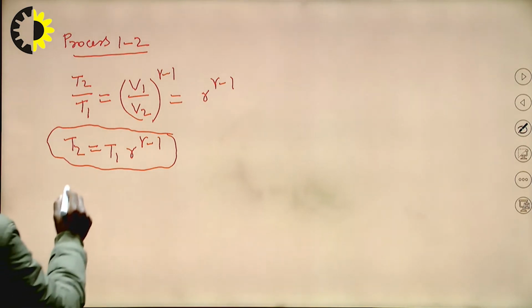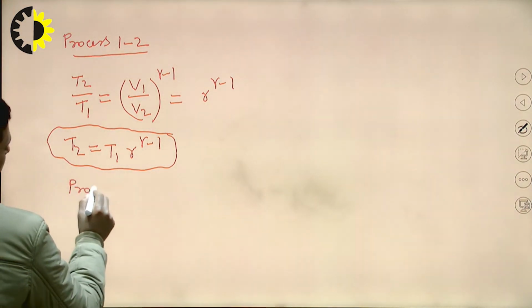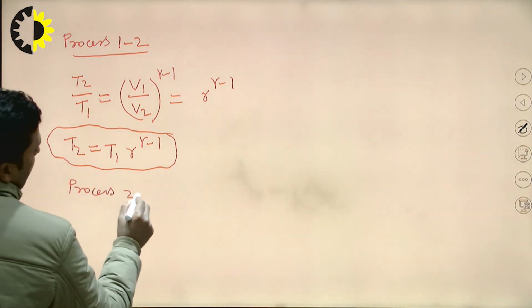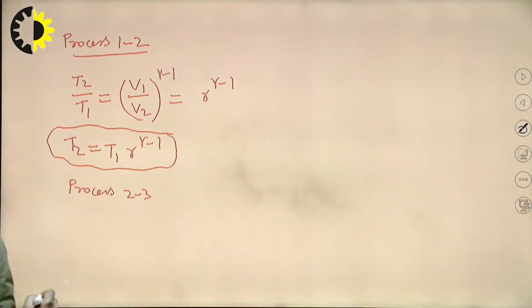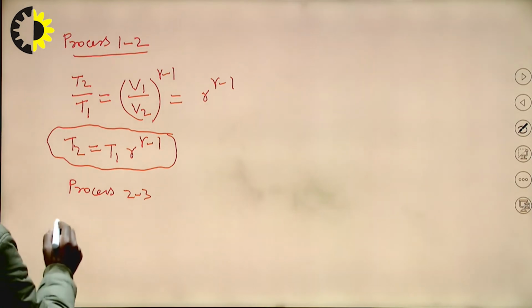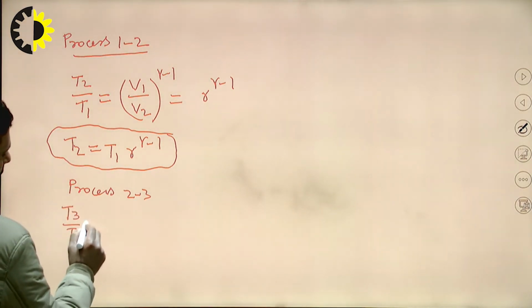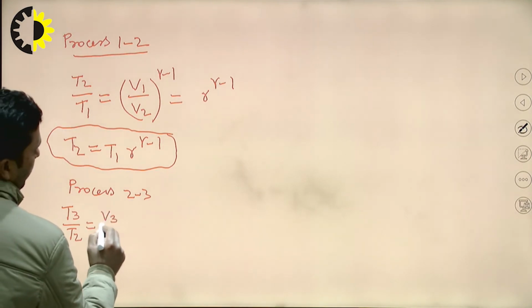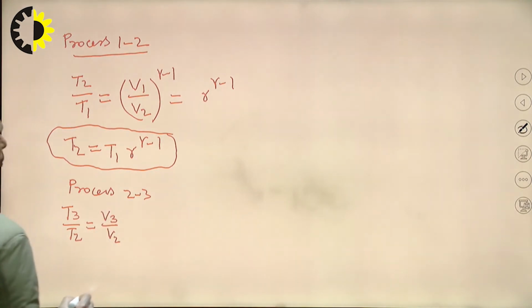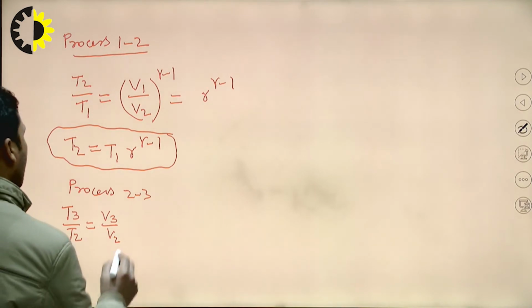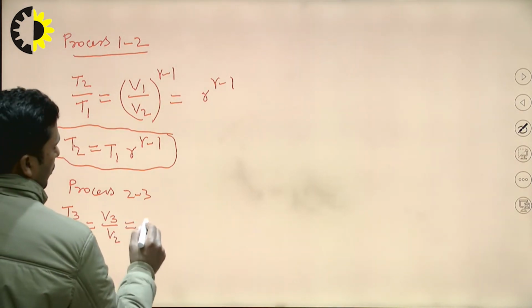Similarly, process 2 to 3, that is a constant pressure process. In process 2 to 3, T3 by T2 is equal to V3 by V2, and we know that V3 by V2 is the cutoff ratio rho.